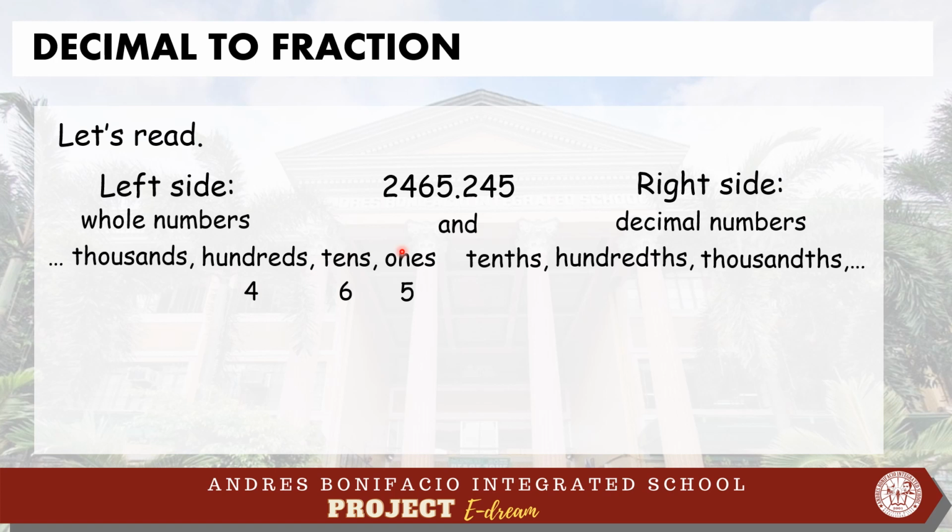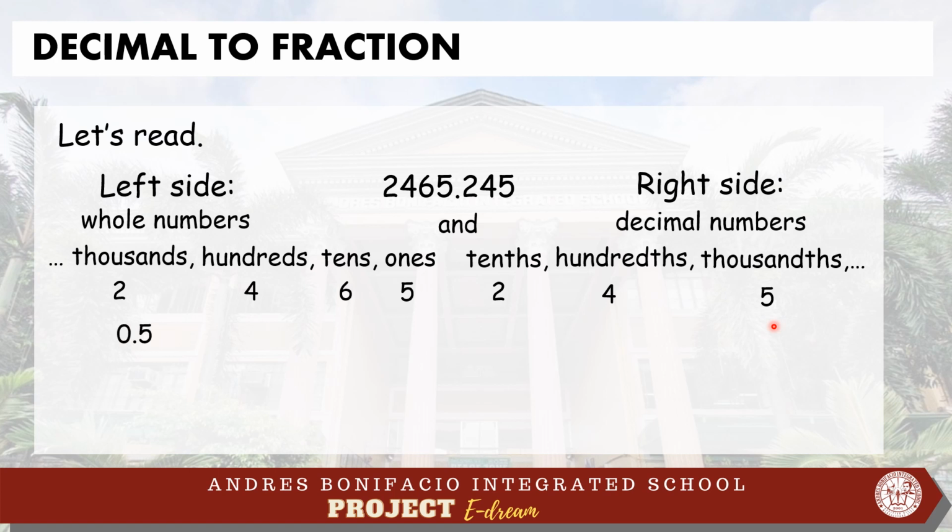Yung hundreds natin is 4. At saka yung thousands natin is 2. So, in our decimal number, this is our decimal point. So, yung tenths natin, ito po yan. So, we have 2. Hundredths, ito po. So, we have 4. And then, yung thousandths natin, we have 5. Okay.